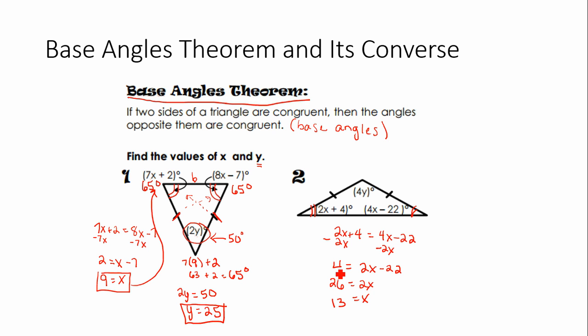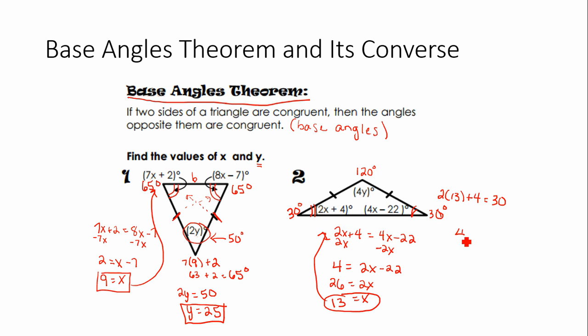So if we plug it into one of the base angles, if the x is 13 and I plug it back in up on top, I'd have 2 times 13, which is 26, plus 4 more makes 30. So each of these base angles here, 30 degrees. So 30 degrees and 30 degrees makes 60 degrees. That leaves me with 120 degrees up on top here for that vertex angle.